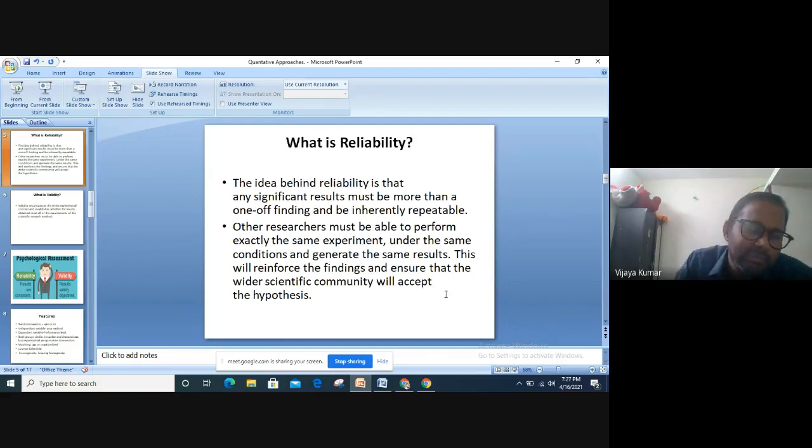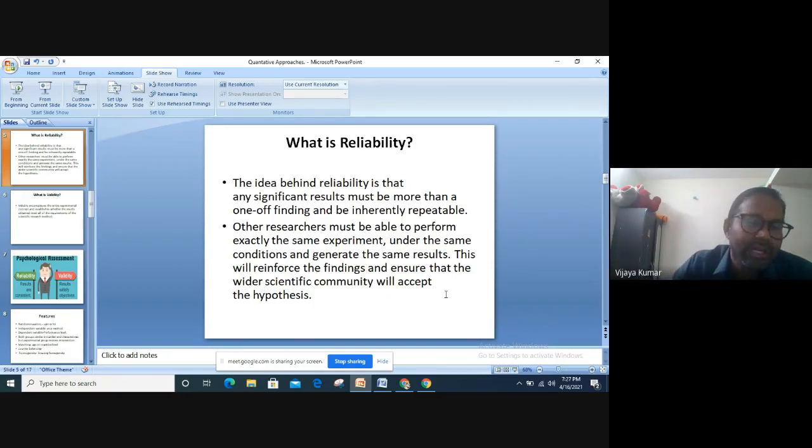So, in simple, common layman terms, reliability is, in the context of ELT research, whatever Mr. Charles has done, I should be able to replicate it, the entire procedure. And if I can do that, then his study is called as the validity in study.